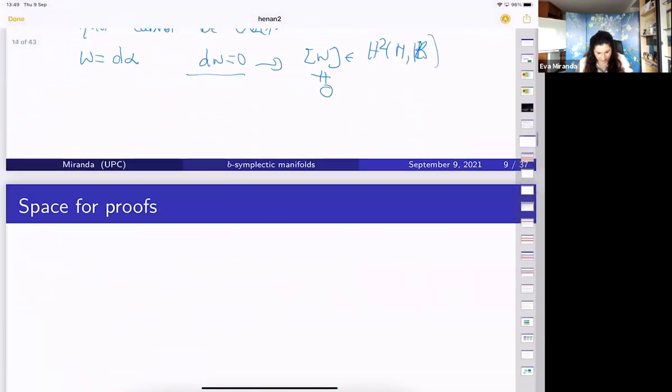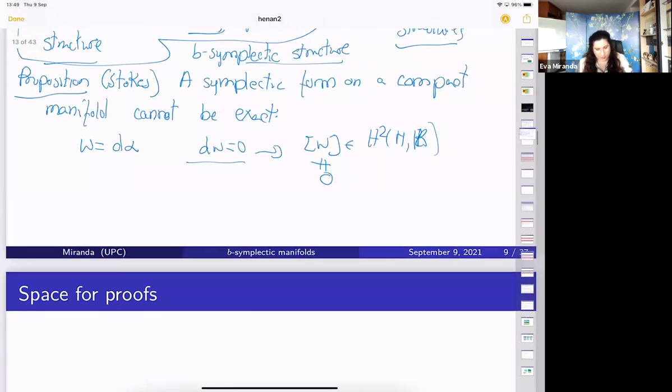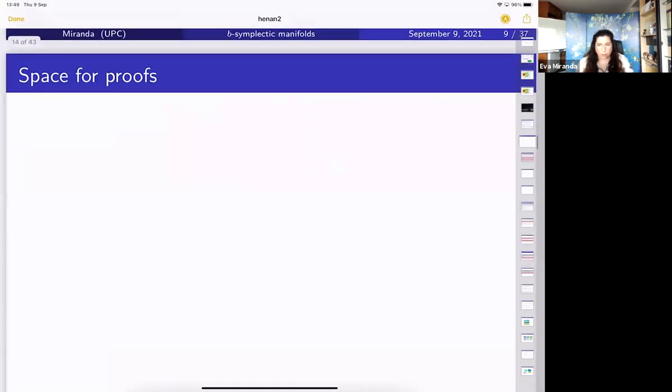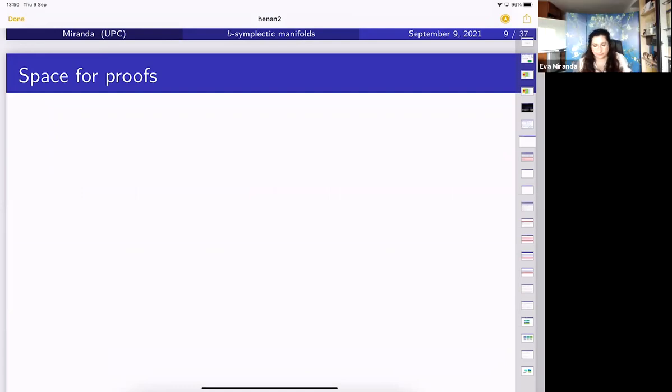And in this other space for proofs, this was a general question, but I'm going to address what Raju suggested. What is the relation between symplectic manifolds and Poisson manifolds? Well, we have understood that any symplectic manifold is Poisson, but not any Poisson manifold is symplectic. We saw it with this trivial example.